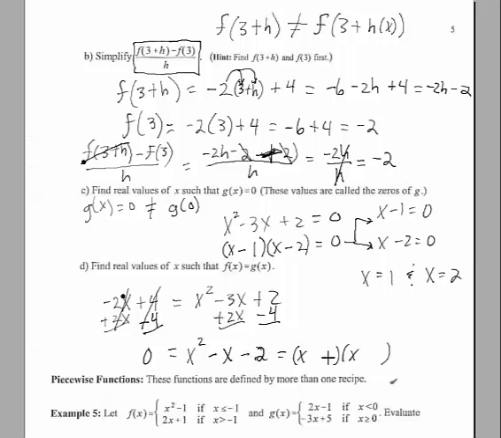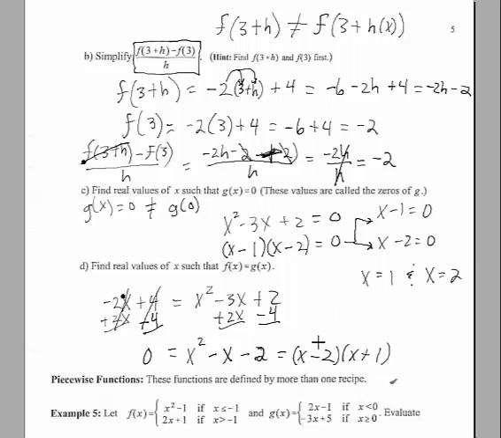So I want the numbers that I insert in these parentheses to multiply to give me a negative 2 and add to give me a negative 1 in the middle. I'm going to go with negative 2 and plus 1. Negative 2 times 1 is negative 2. Negative 2 plus 1 is negative 1. So this is how we factor that polynomial.